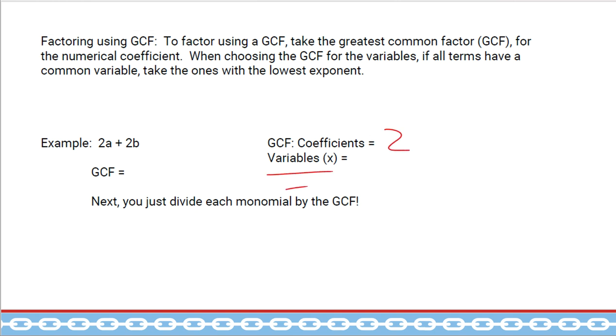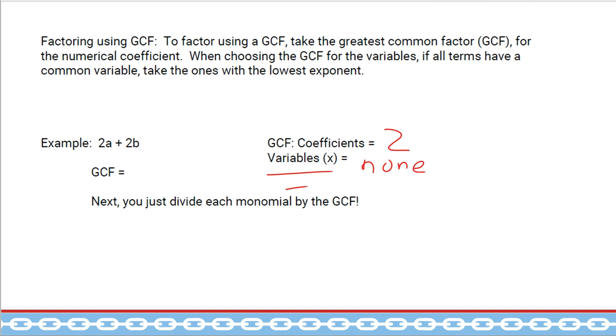Now, looking at the variables, the x's, y's, a's, b's, right? I have a and b. They do not have any common variables, right? So there is none here. Now we just divide.